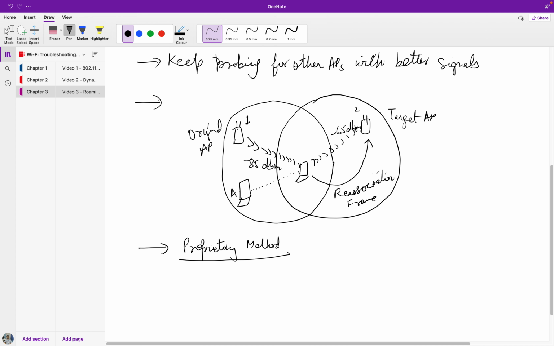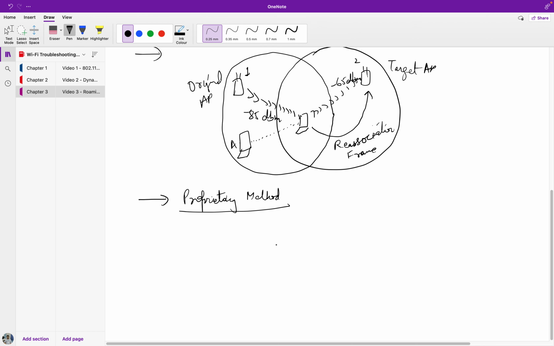It's possible that two laptops of different vendors may roam at different values. So let's say I have an access point where I have clients of different vendors connected. One client can start the roaming process if the signal drops to around minus 75 dBm. Another vendor may configure the Wi-Fi card in the client to start the roaming process if the signal strength goes beyond minus 80 dBm.